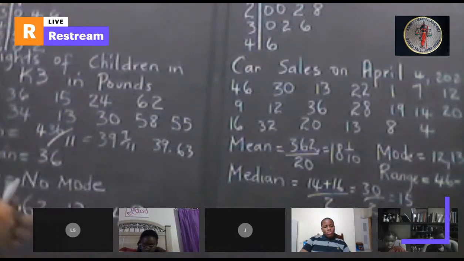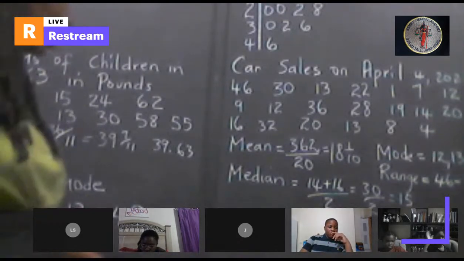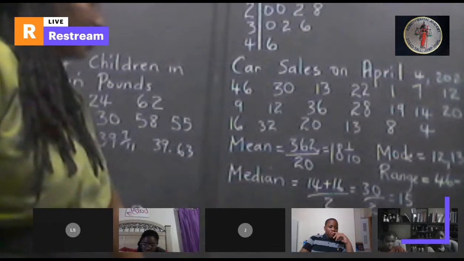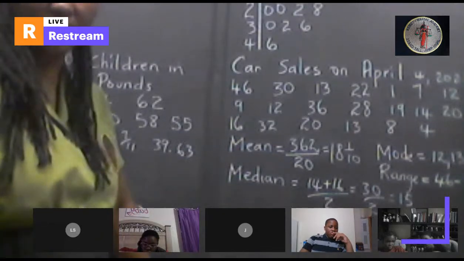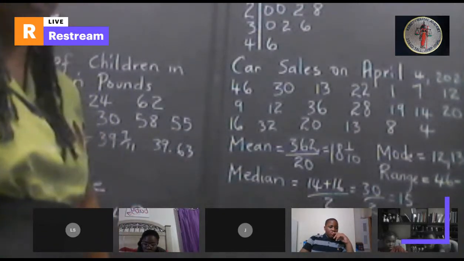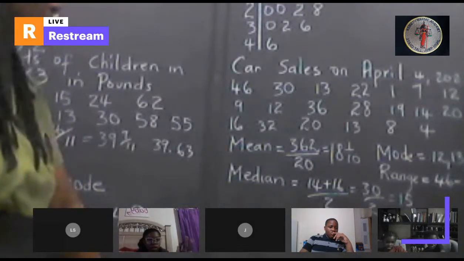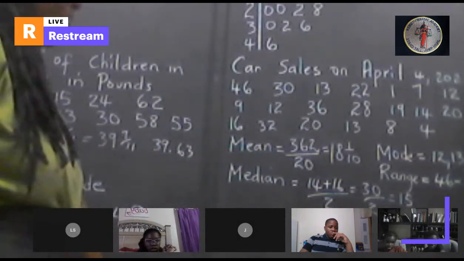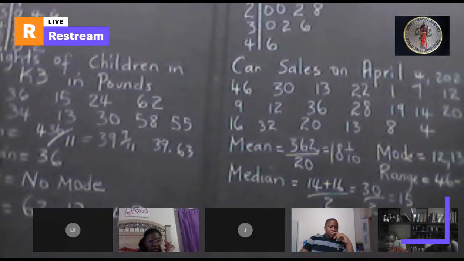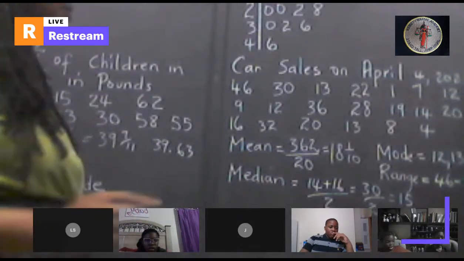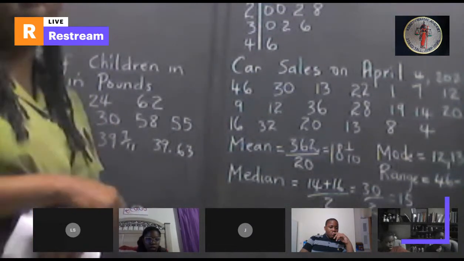What will be the probability of there being a prime number set of cars sold? What's the probability that we'll have prime numbers sold?